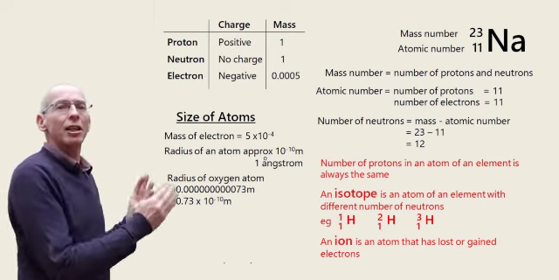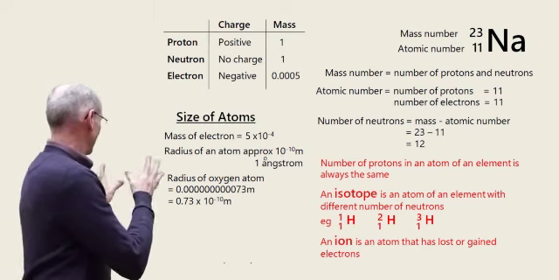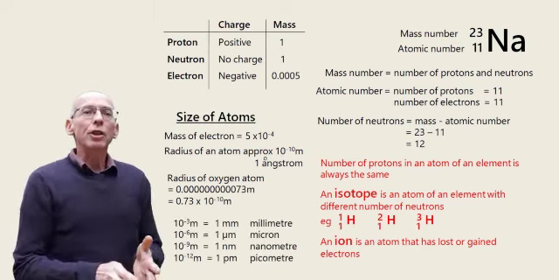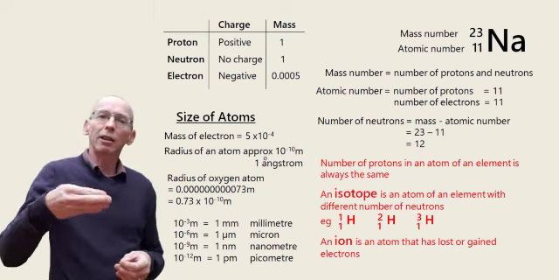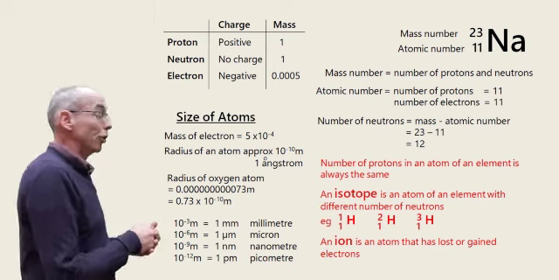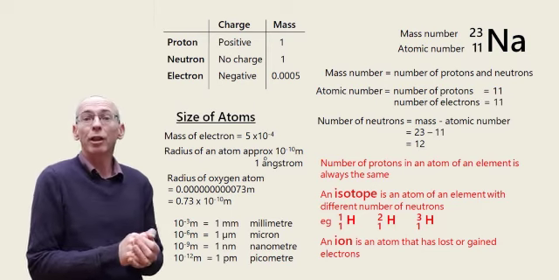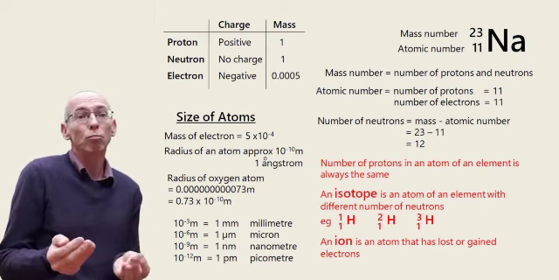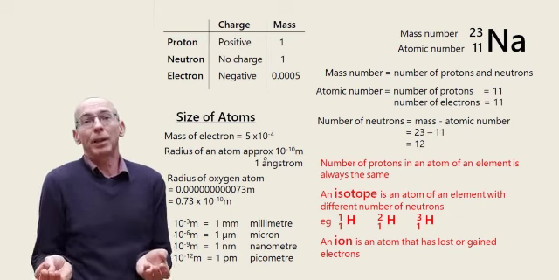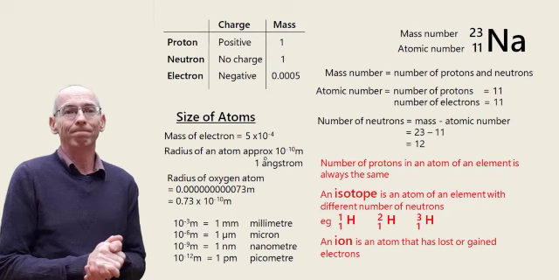So that's a kind of standard form for presenting the radius of atoms. Names of the sizes generally increase or decrease by powers of 3. The oxygen atom, 0.73 angstroms. You could say that's 0.073 nanometers or 73 picometers, whatever.